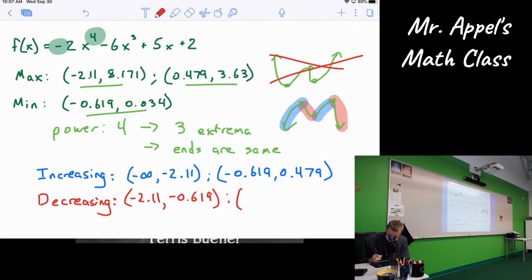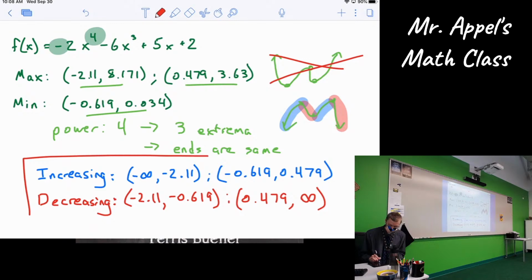And then it decreases again after the third point from 0.479 all the way to positive infinity, but not quite reaching it. Parentheses instead of square bracket. All right, there you have it, that's your final answer.